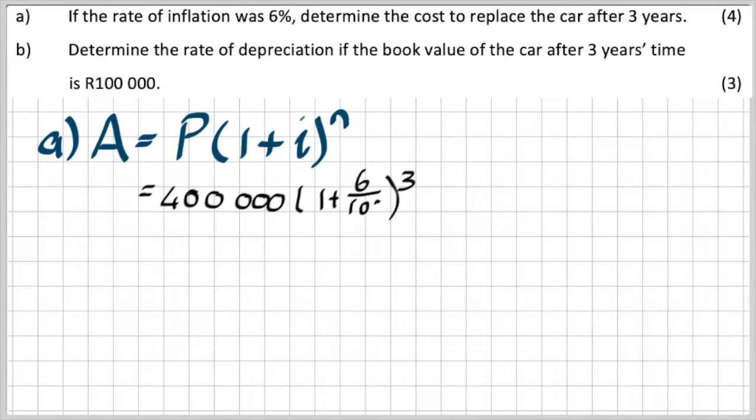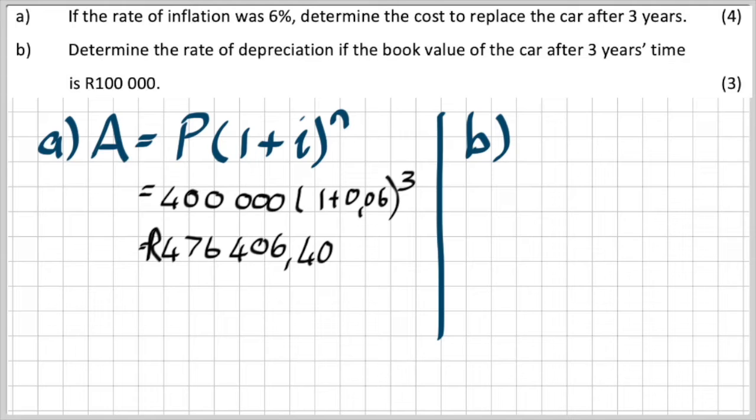So 6 over 100 or 0.06. So that is your rate of inflation. So that will tell you the car is going to cost about 476,406 Rand and 40 cents after 3 years.